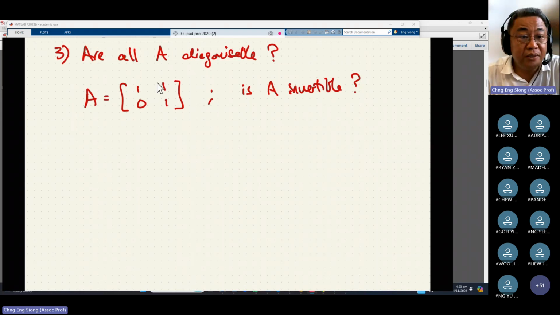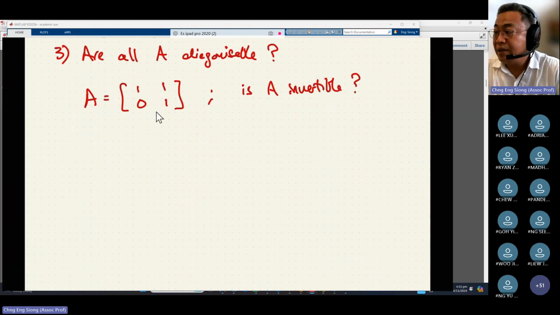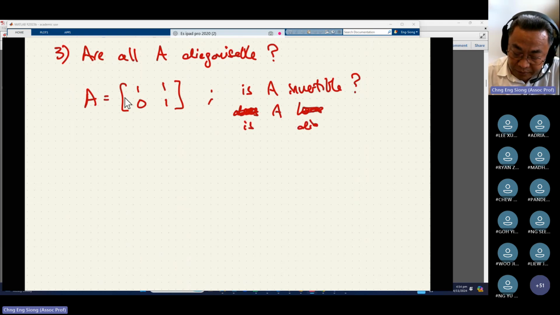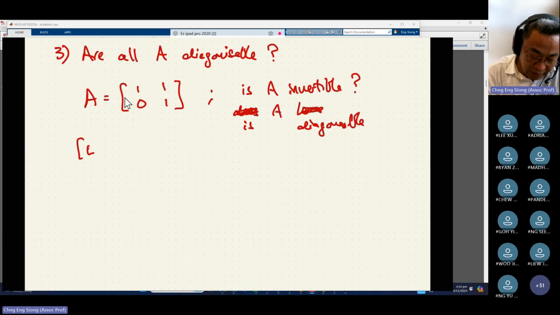There is one pivot here and there's one pivot here. A is definitely invertible. Is A diagonalizable? Answer.